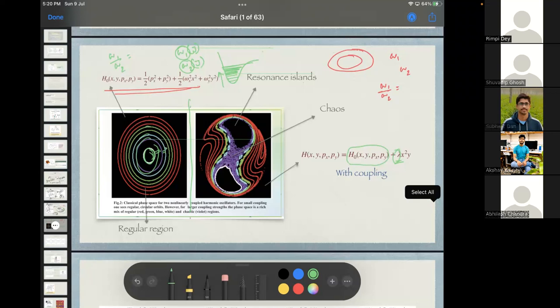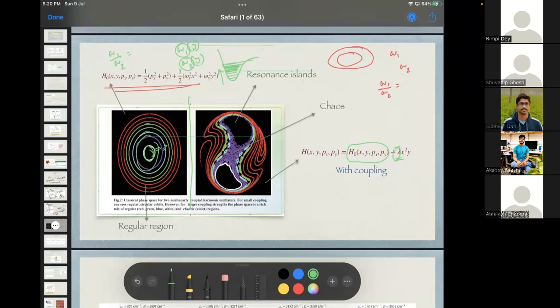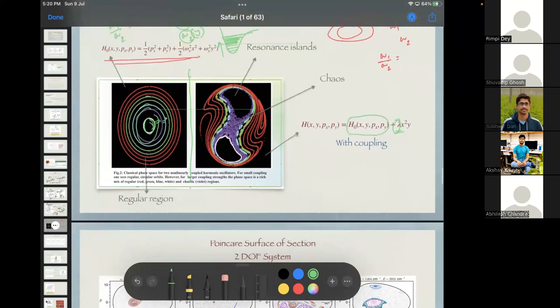There is an expression for the overlap criterion, by Chirikov, a Russian mathematician. So the Chirikov overlap criterion. Now it will depend upon the coupling strength.